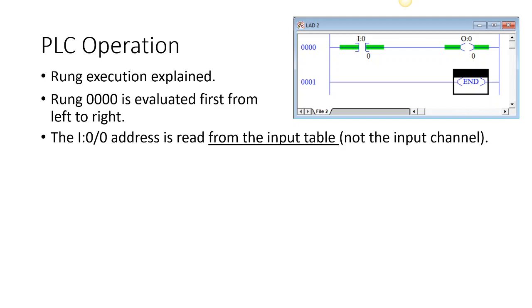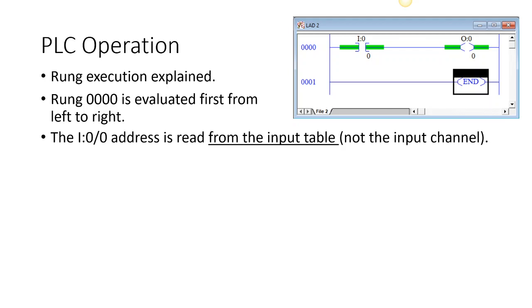They could be a push button. They could be contacts on a relay. We're going to talk more about instructions in the next lesson. But right now, just know that that is an instruction. And instructions have certain functions that they perform.